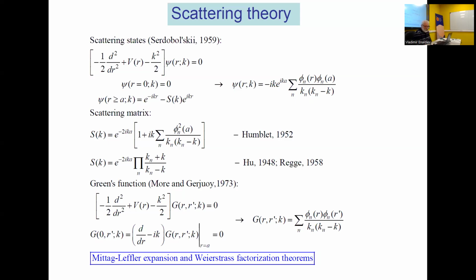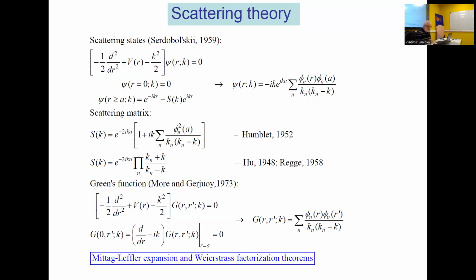If you have a rational function, which means a function given by a ratio of two polynomials of finite order, it is quite clear that you can expand this function in elementary fractions. Each fraction has a pole at a certain point, and the number of such pole terms, or elementary fractions, is finite, equal to the order of the polynomial in the denominator.